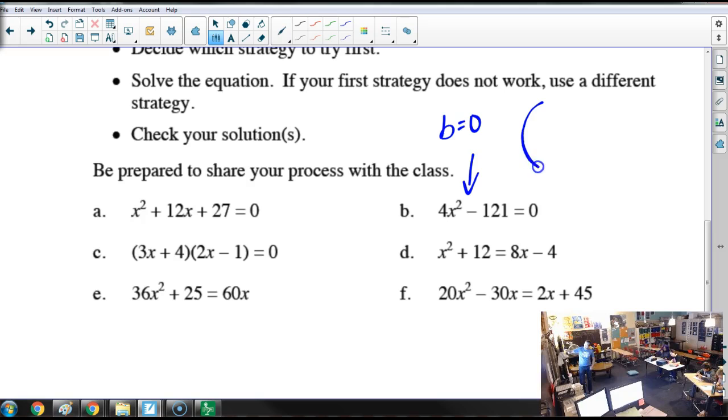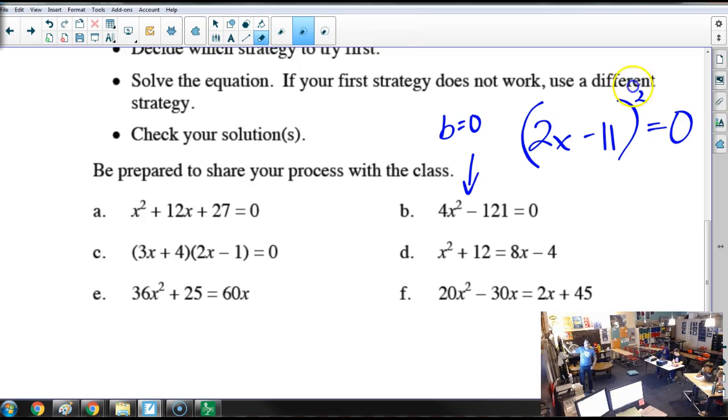Oh, wait. Okay. If we think about factoring that, 2x minus 11 squared doesn't work, right, because that would still give us a B value. So instead of 2x minus 11 squared, which would work if it was a perfect square, it would be factored in binomials as 2x minus 11 and 2x plus 11.